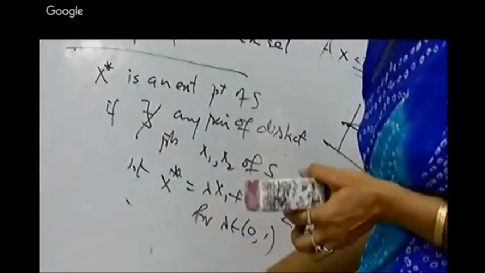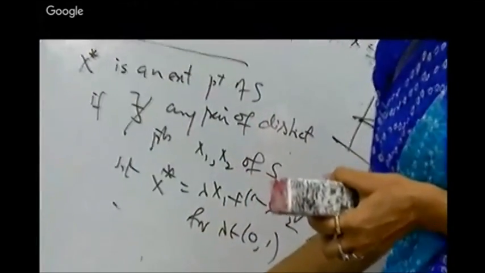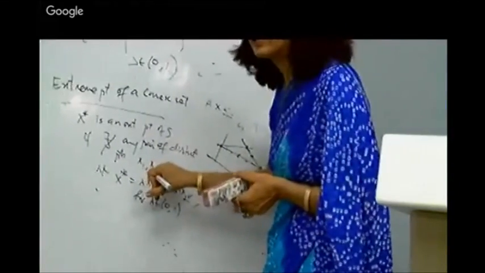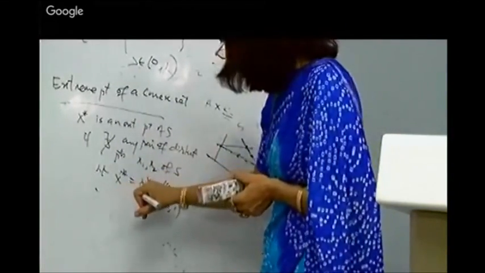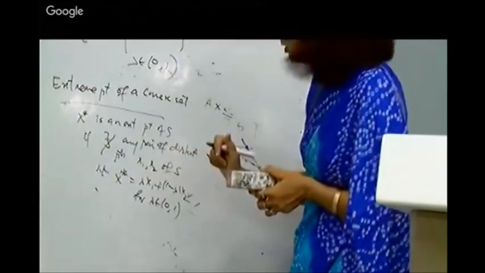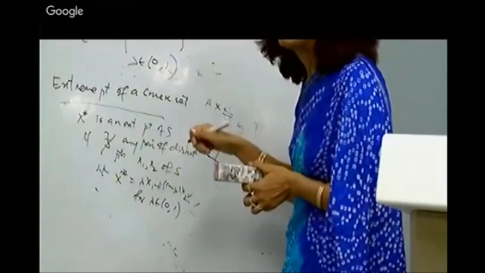This is the mathematical way of saying that a point is an extreme point. You are not able to find any other pair of 2 different points of the set such that this point can be made to lie strictly on the line segment joining those 2 points. So all such points are corner points.